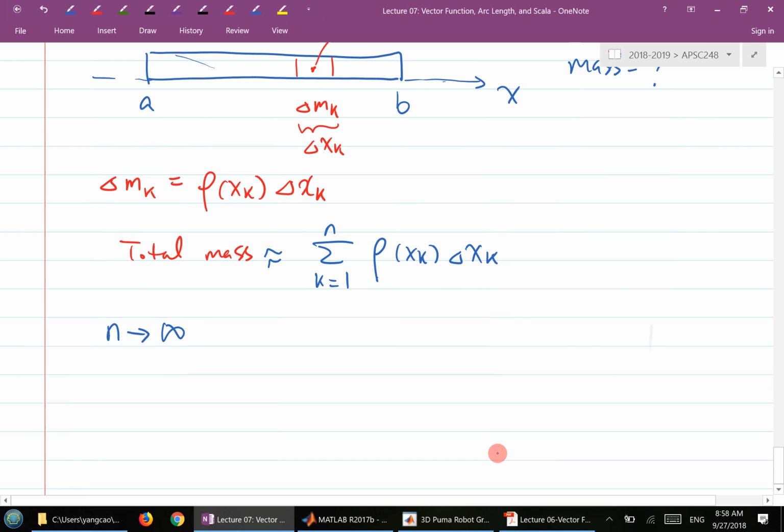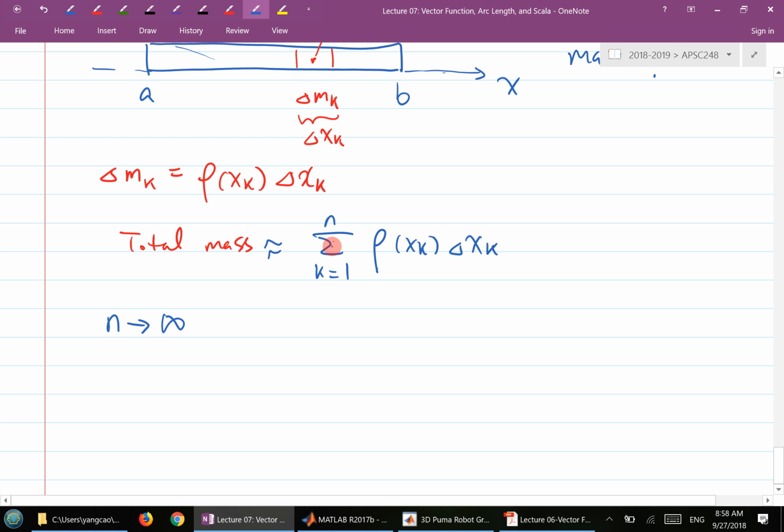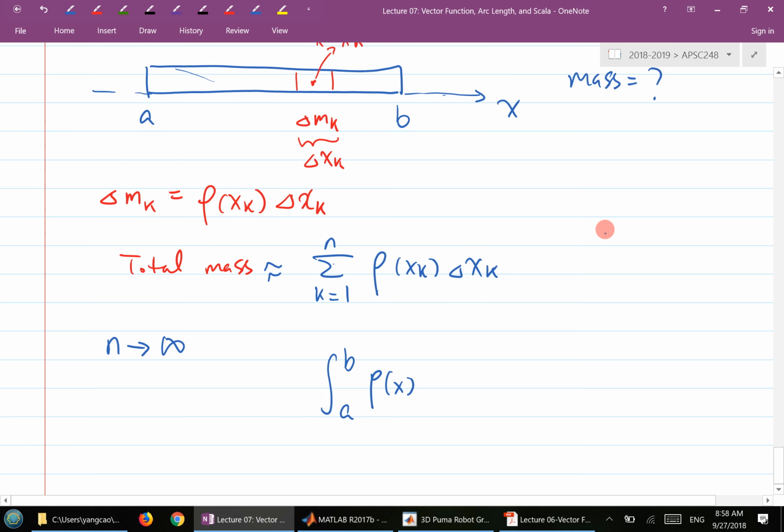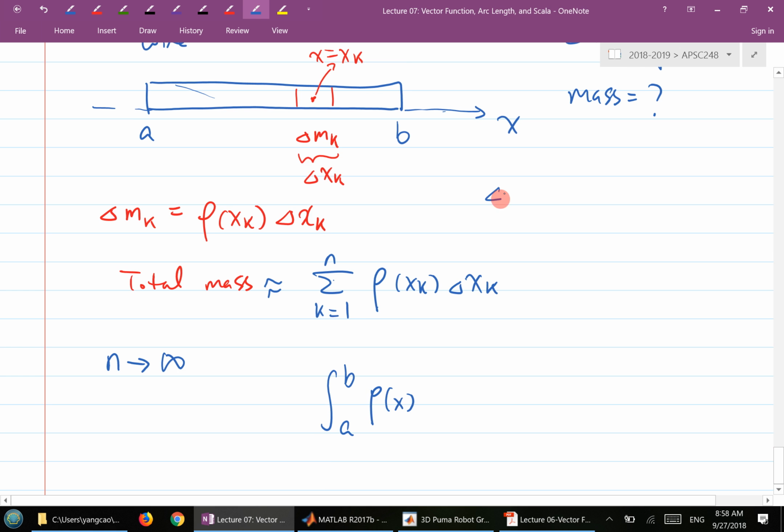The connection between the summation sign and the integral sign is that when n goes to infinity, the summation becomes an integral, integrating from A to B. The rho becomes rho of x, and as n goes to infinity, the delta x goes to the differential dx. That gives you the total mass, a precise calculation.